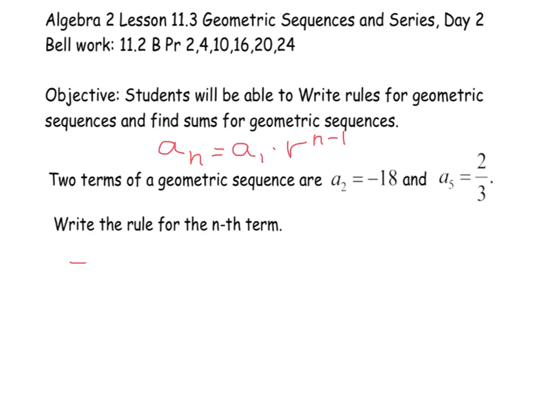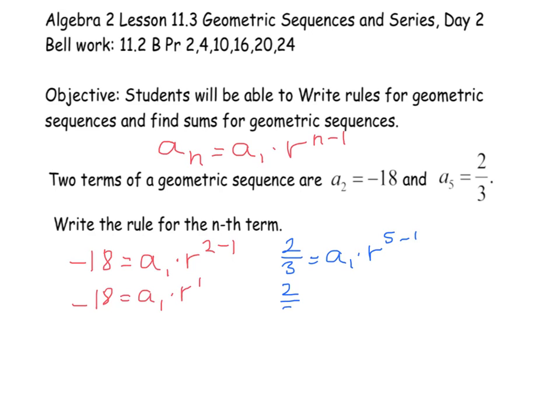Negative 18 equals a1 times r to the 2 minus 1, which simplifies to negative 18 equals a1 times r to the first power. The second equation is 2/3 equals a1 times r to the 5 minus 1, so 2/3 equals a1 times r to the 4th power.